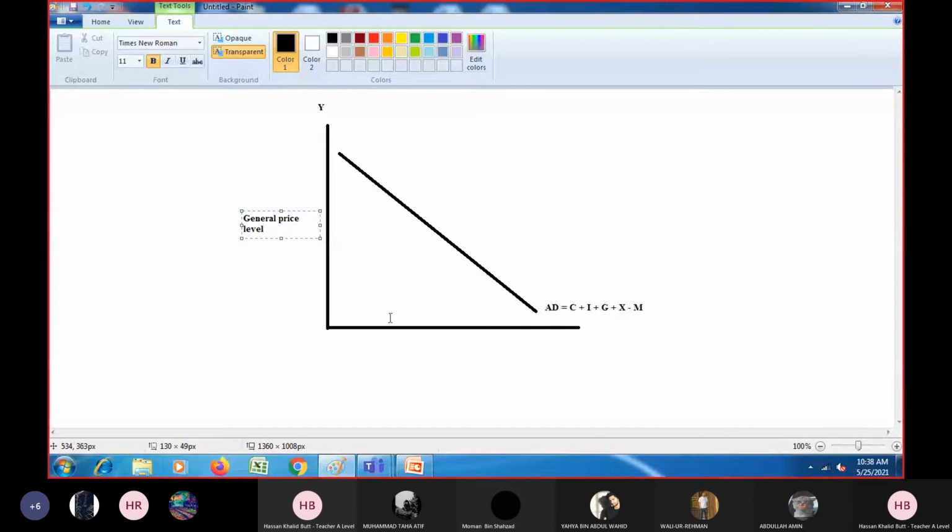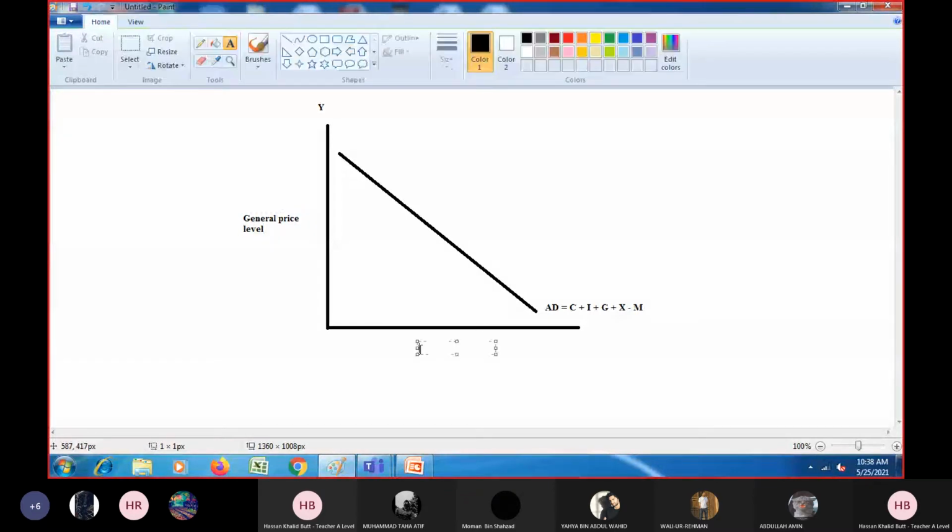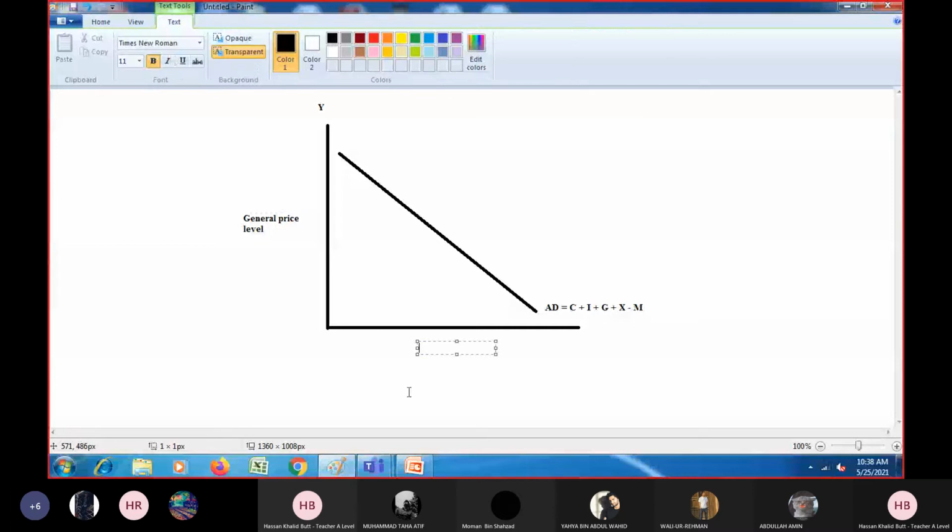Simple as that. And what do we take on the x-axis? It won't be quantity, remember, because what we studied earlier was the quantity of one product. But because we are studying macroeconomics, we will be talking about the total output produced in the country. Simple as that. So for that we use the word GDP.